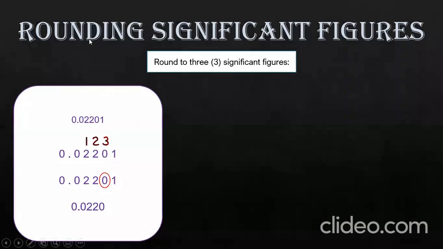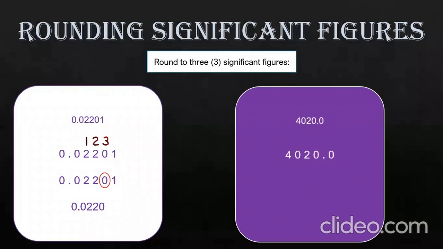Let's take a final example where we're writing 4020.0 to 3 significant figures. If we count 1, 2, 3, we'll realize that 2 is in the third significant place, and what comes after is less than 5. So we would think to remove it based on the rules in decimal places.